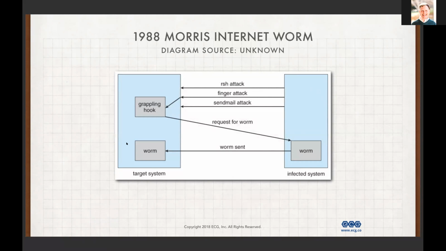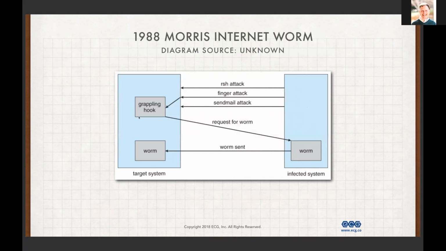It would try to connect to the target system, and if it was able to find the software bug that it was looking for, it would install a miniature piece of software that would execute. It would connect over the network and download a copy of the worm. So this effectively left each server system as a server, and then the worm would be installed on the target system and start running.